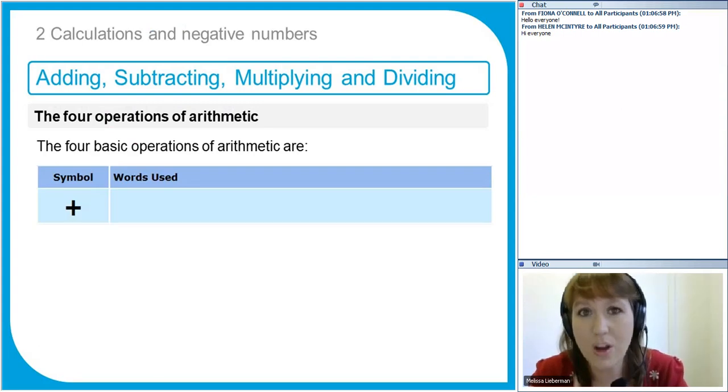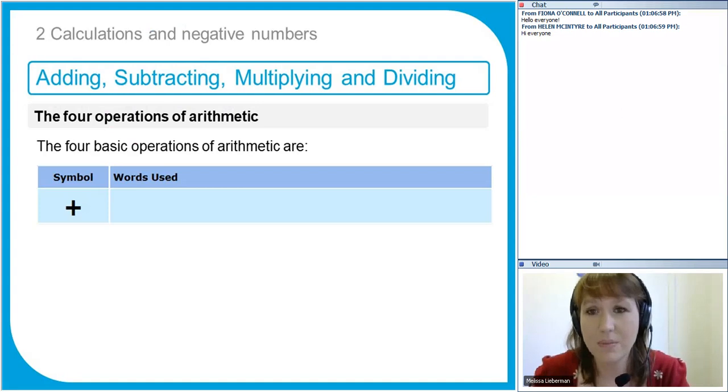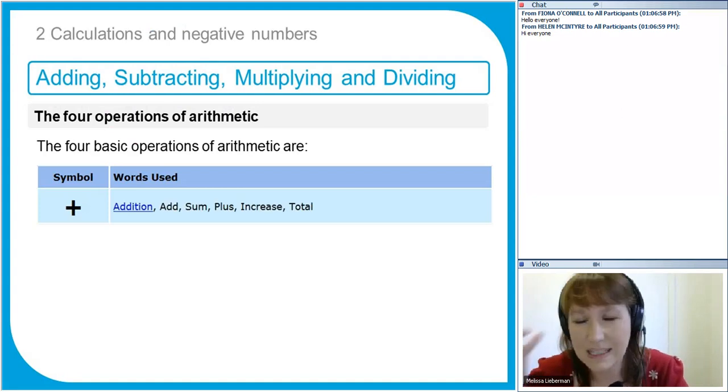Now it's important to know the kind of words to look out for when you're dealing with wordy problems. So things that show that you might need to add are things like add, sum. So if someone says, what is the sum of these three numbers, it means what are these three numbers added together. You might see plus, you might see increase, so this is increased by this, that's a clue that you need to add. What's the total of all of these numbers?